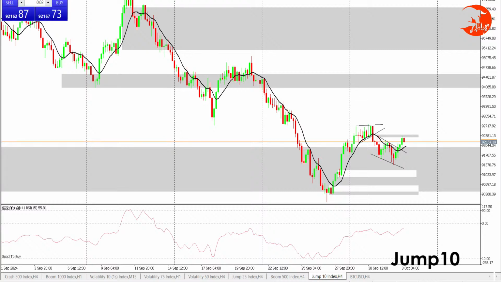So if this candle closes, then I will have another analysis in this form. For now, I'm not going to use it to make my conclusions, but I'll just put it there.